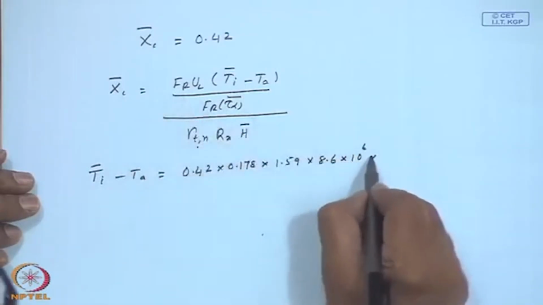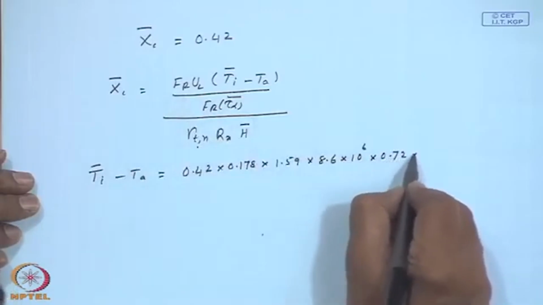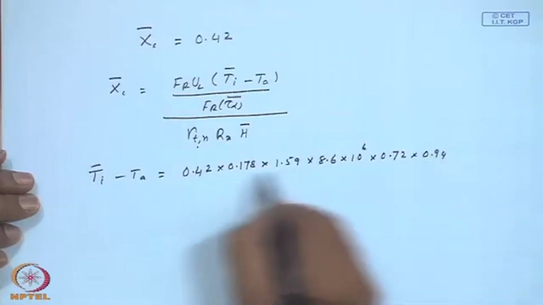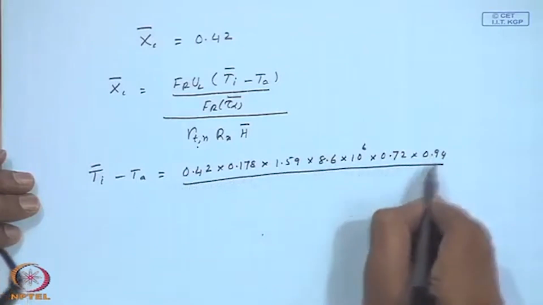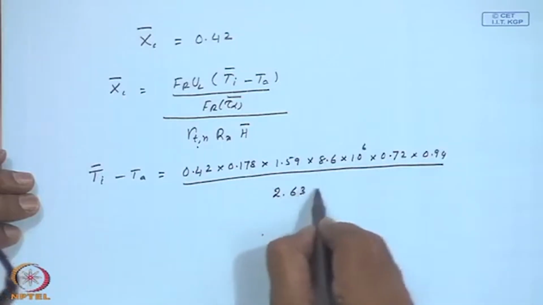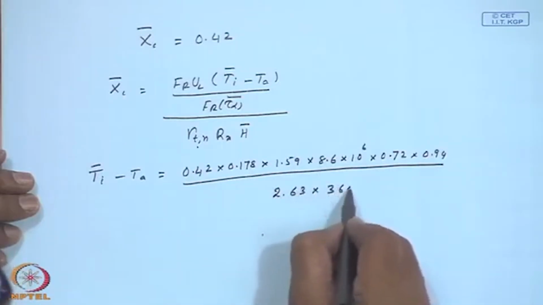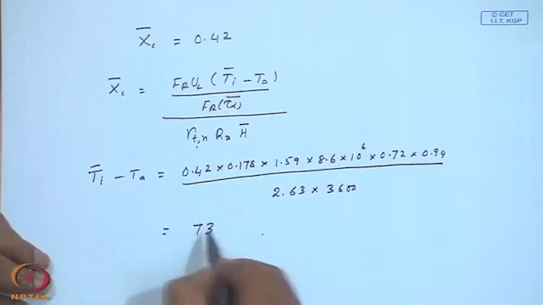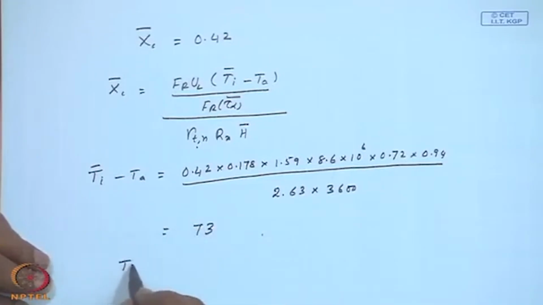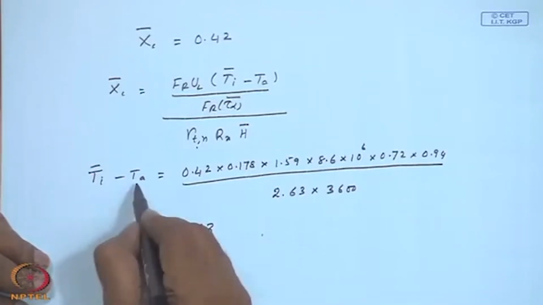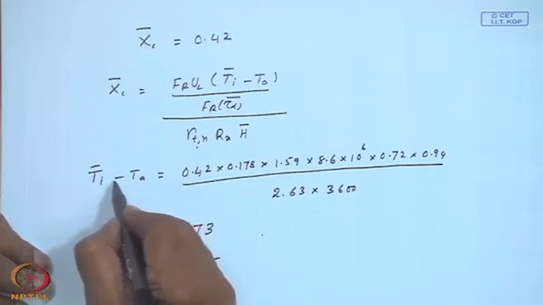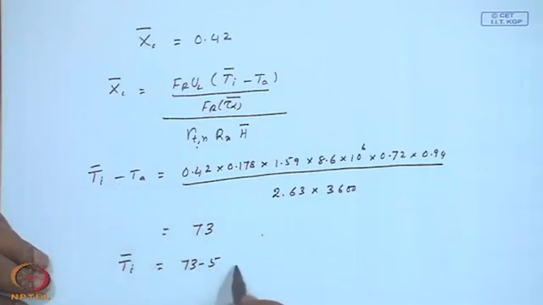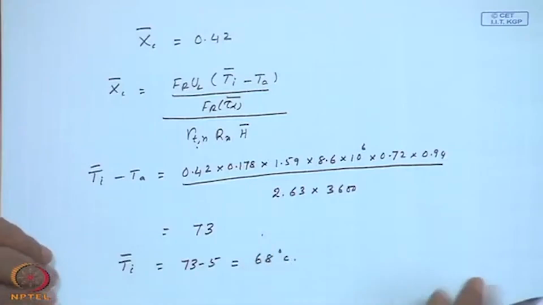This F R tau alpha bar is 0.72 into 0.94 by 2.63 and the time factor 3600. This comes to 73. So, T I bar will be 73 minus 5, or remember this T A is minus 5, so this becomes plus when you transfer onto this side. It will be 68 degrees C.